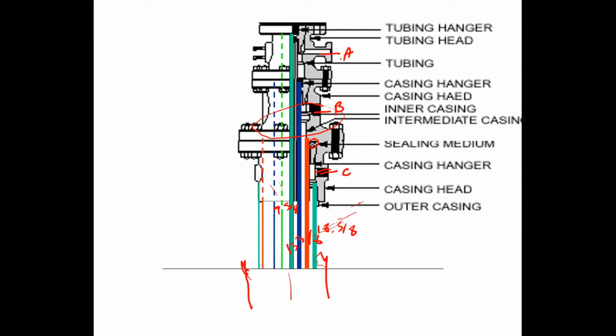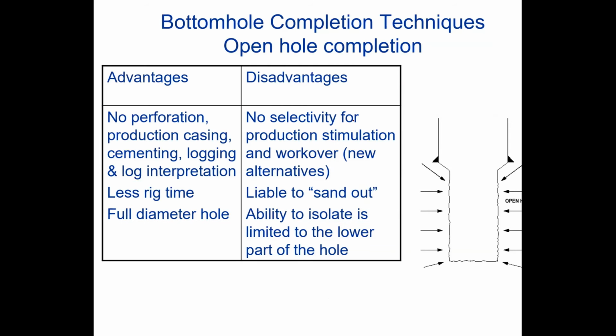Normally, the problem is annulus A, because it's directly connected to high pressure fluid. B is less dangerous, C is less dangerous. So, how to do the bottom hole completion?